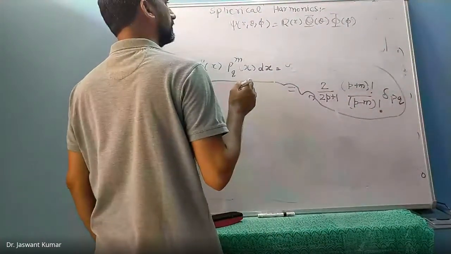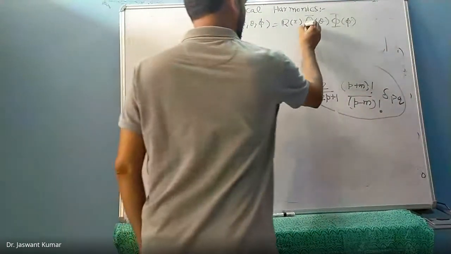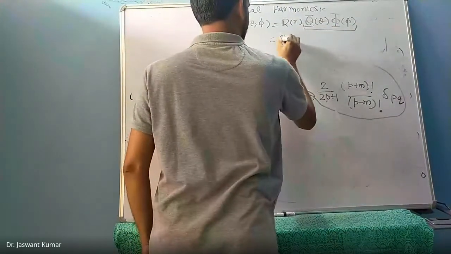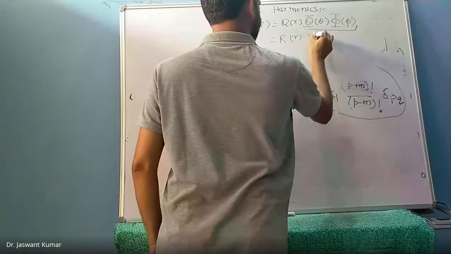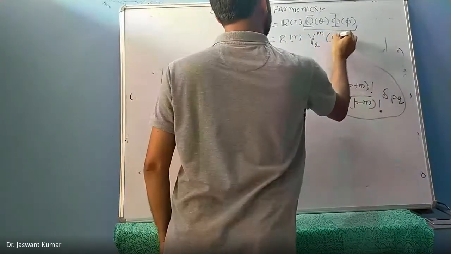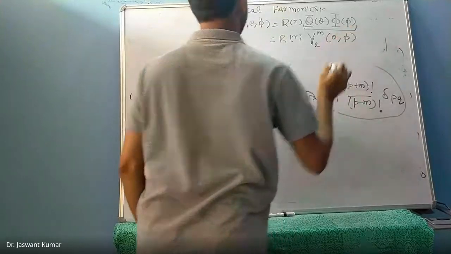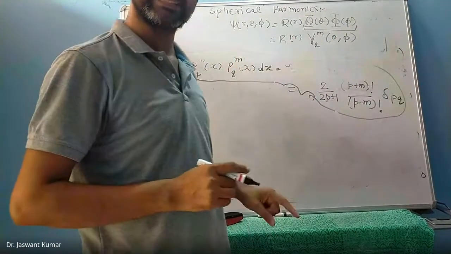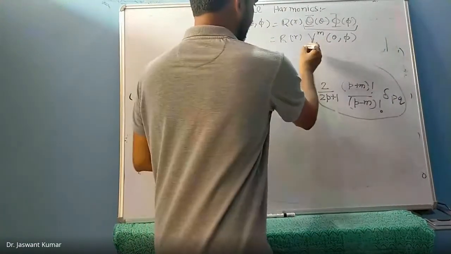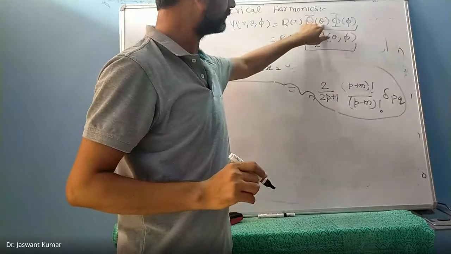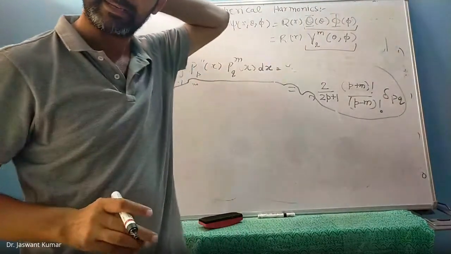So this part is generally written as Y_LM of theta, phi. So Y_LM of theta, phi is capital Theta of theta multiplied with capital Phi of phi.